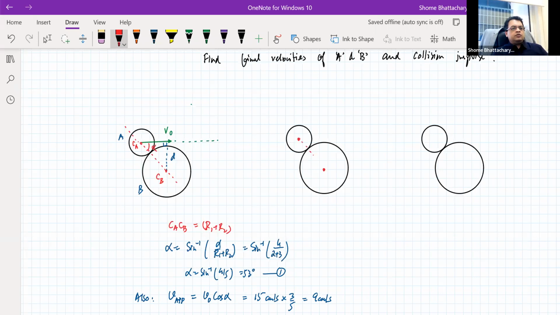Now, first of all, I will show the collision impulses which are acting. They should be acting along this line.